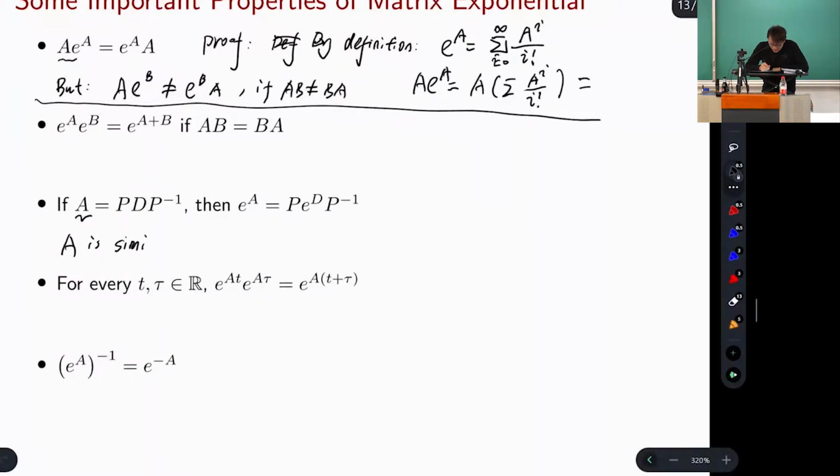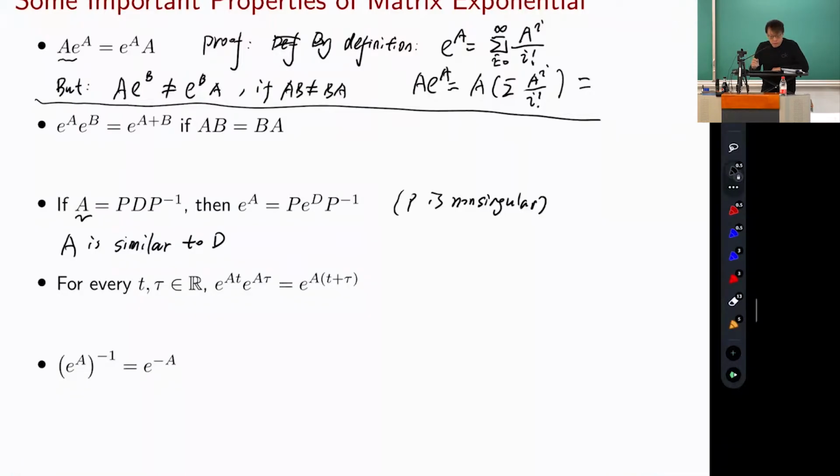A is called similar to D. Suppose P is not a singular matrix. By the way, you have to review all the linear algebra. A is similar to D, and of course, A and D have the same set of eigenvalues.